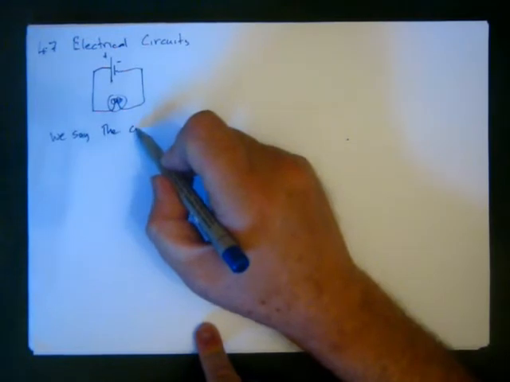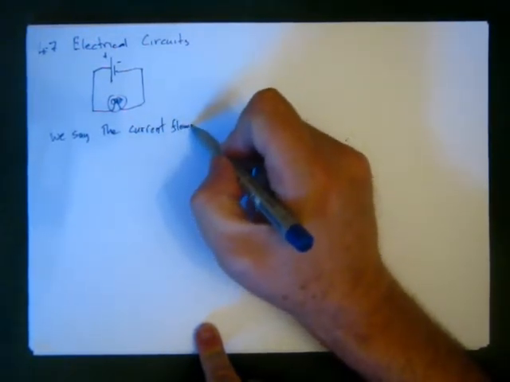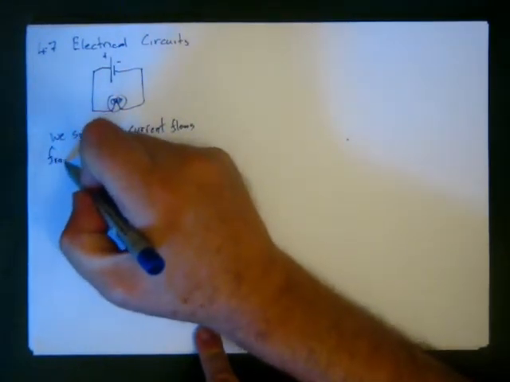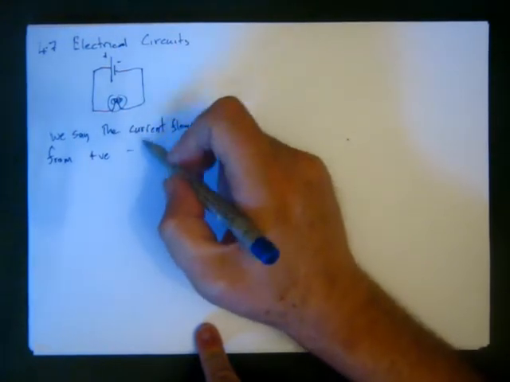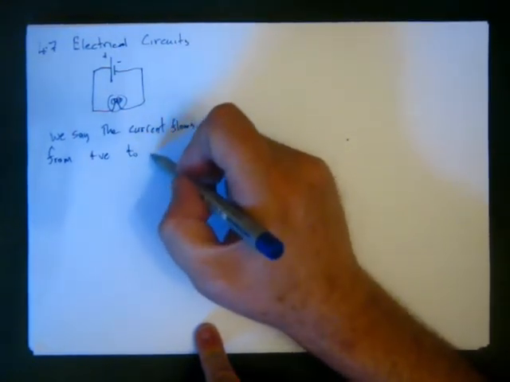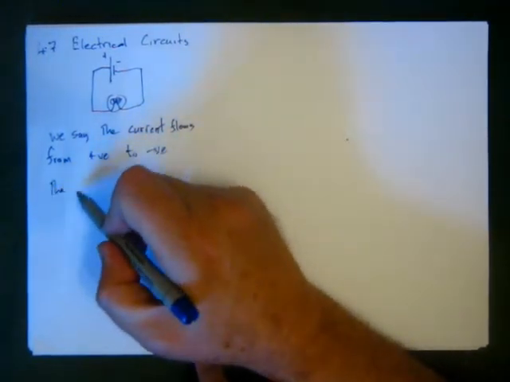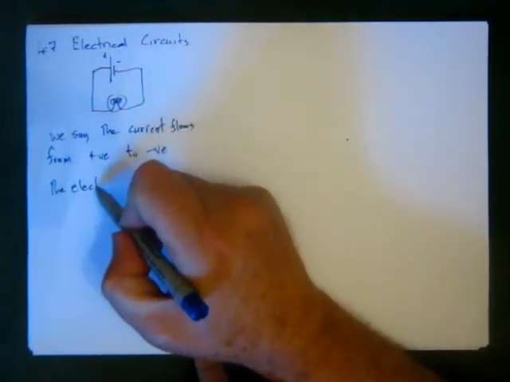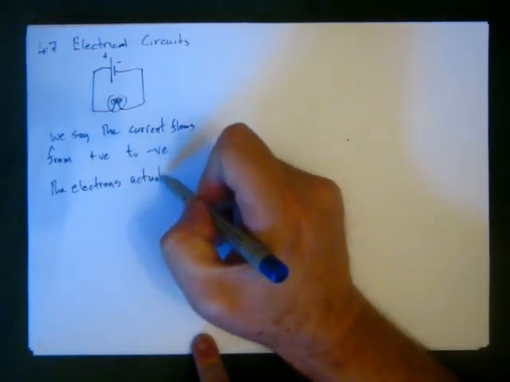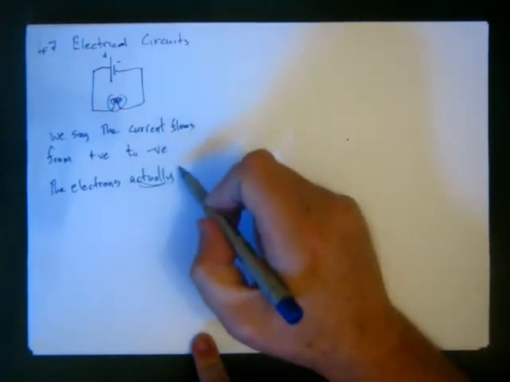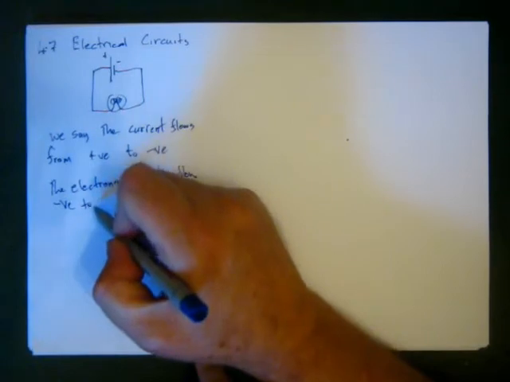Now, we always say the current flows from positive to negative, which is quite interesting because in reality the electrons actually, this is a big one, flow negative to positive.